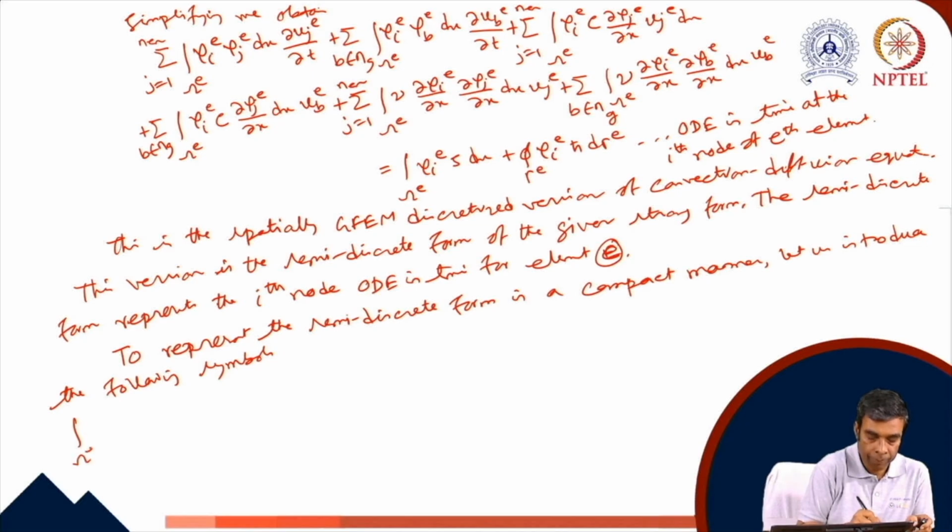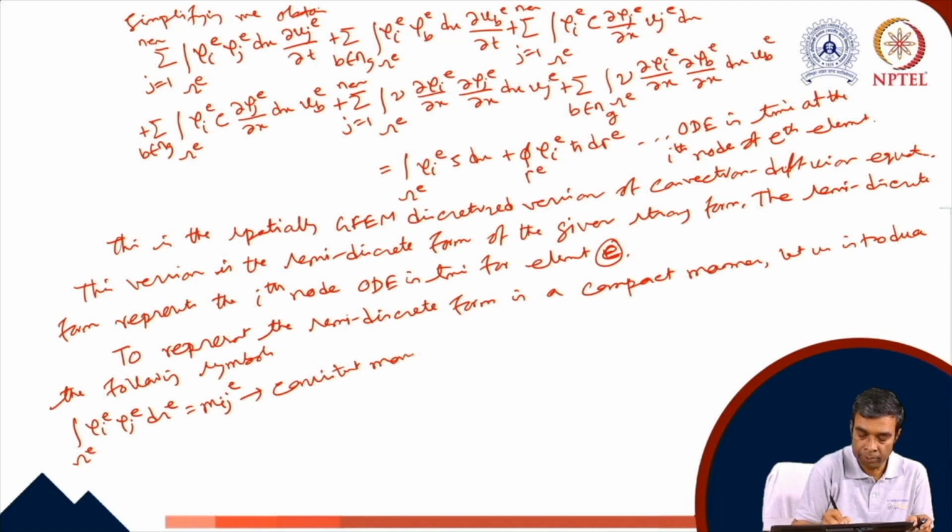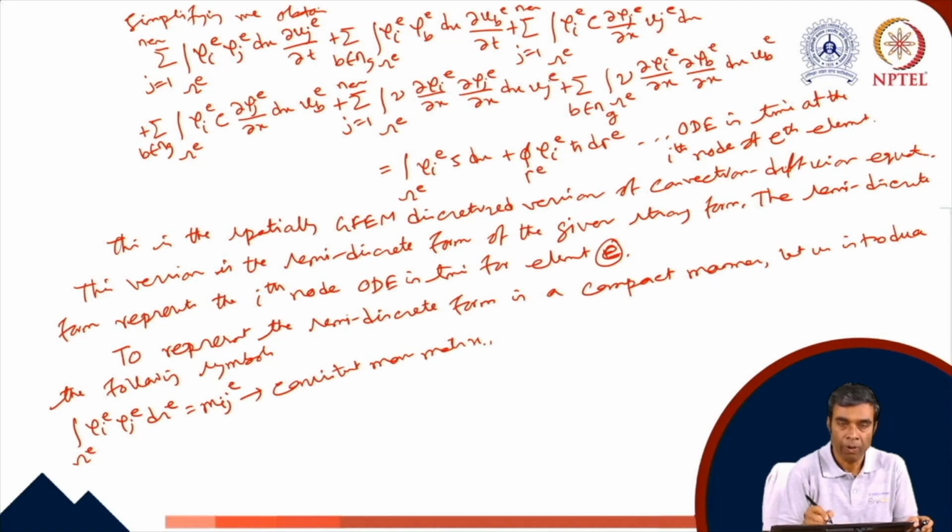Integration over omega e psi_i^e psi_j^e d omega e equals m_ij. This is known as the consistent mass matrix. From here we can define the counterpart of the consistent mass matrix associated with the time dependent essential boundary conditions.